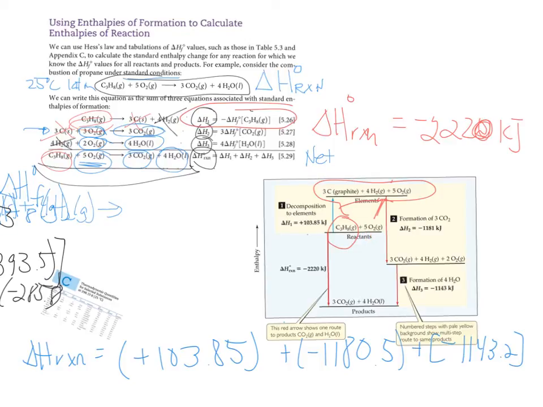When you're adding them up, whatever your reactants are, you need to have them on the reactant side. If you look up the heat of formation for your reactants, you're always going to have to change the sign, because you're going to have to change that to a decomposition. So we can summarize what we did here in a standard formula.